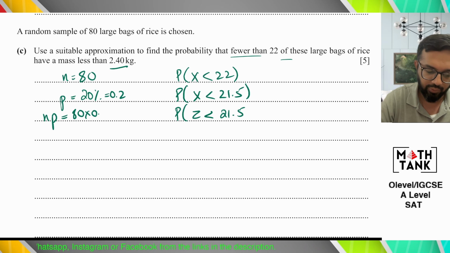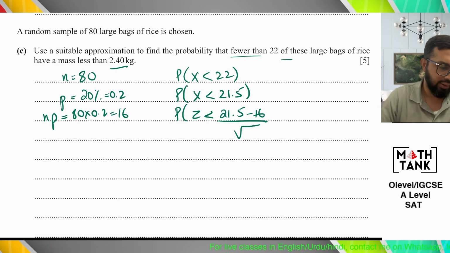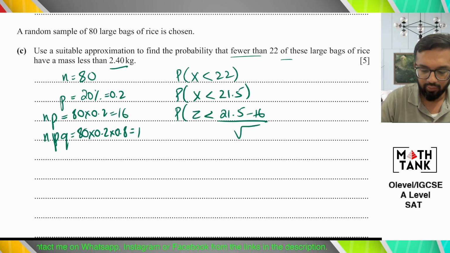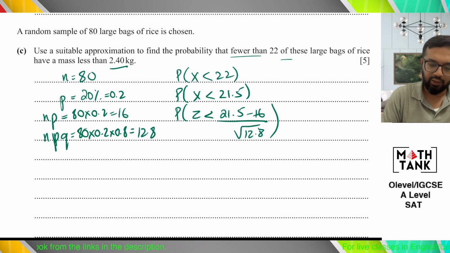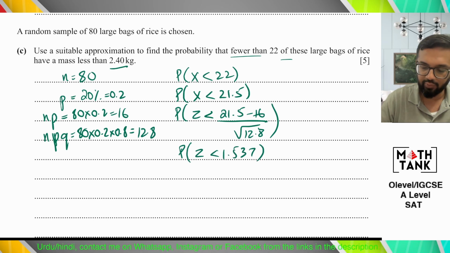And what's the mean going to be? np, 80 into 0.2 is 16, and the variance is 16 into 0.8, 12.8. So 21.5 minus 16 divided by root 12.8 is giving me Z less than 1.537, phi of 1.537.